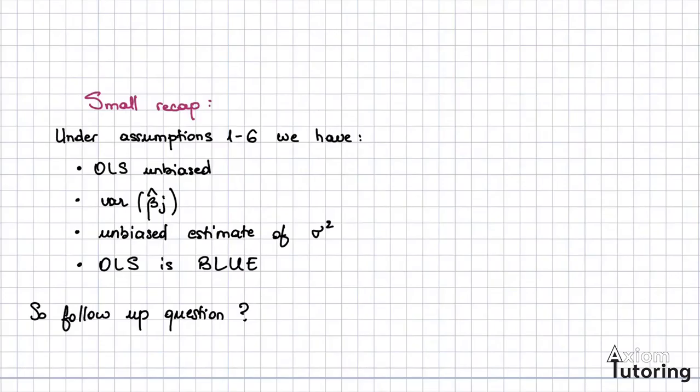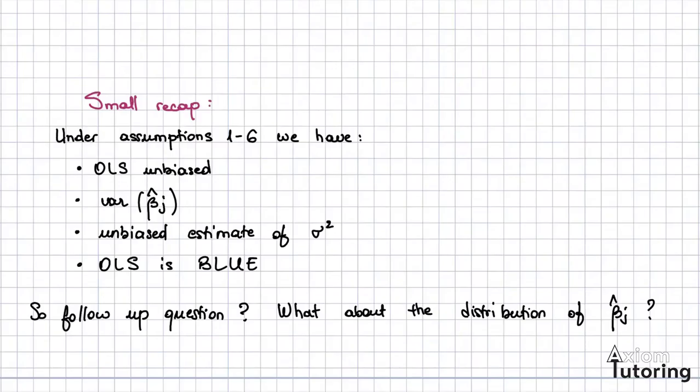So for some of you, a follow-up question that might come up is, what about the distribution of the beta hat? And the thing is, under these assumptions 1 to 6, we actually don't know much about the distribution of the beta j hat.